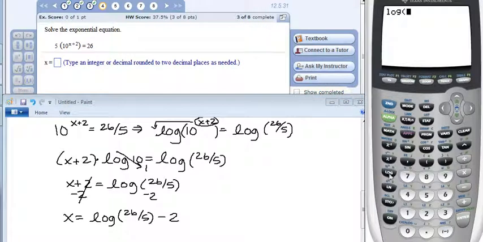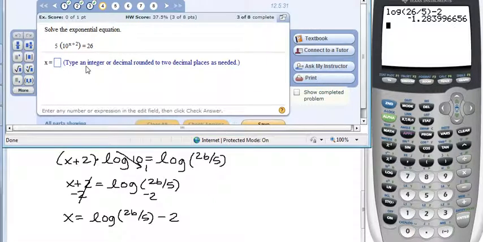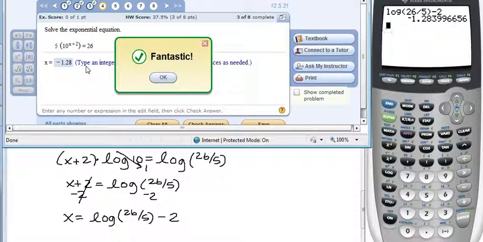So we have the common log of 26/5, close the parentheses, subtract 2. That gives me negative 1, and how many decimals do I need? 2 decimals: 28. Fantastic.